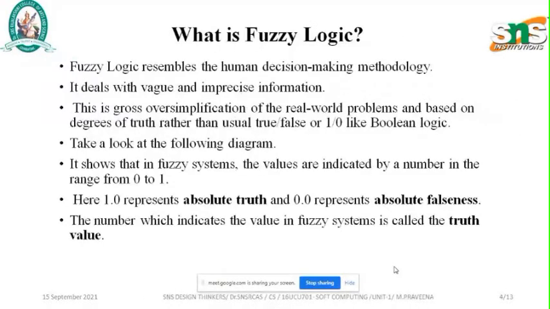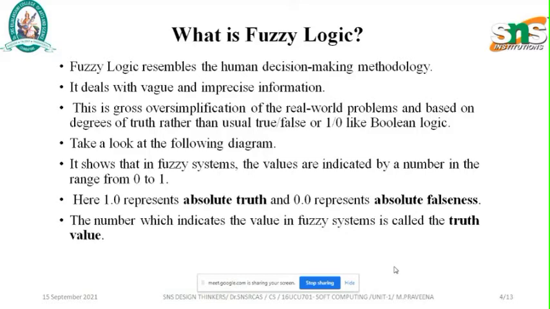So what is fuzzy logic? Fuzzy logic resembles the human decision making methodology. How do we humans make decisions? We think in multiple views and then we take a decision, isn't it?